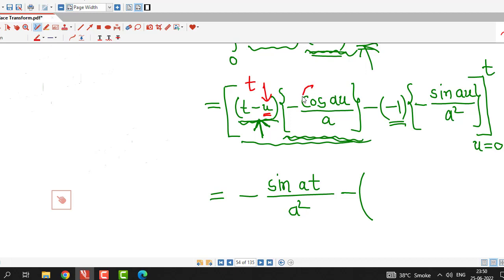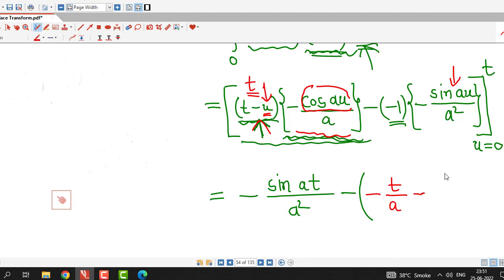When we put u equal to 0, we will have cos 0 here, that is going to be 1, and minus 1 by a will be there. So we have minus t divided by a. This is going to be t for u equal to 0, and this bracket will be minus 1 by a for u equal to 0. So we have minus t divided by a, and here we will have sin 0, and sin 0 is 0.